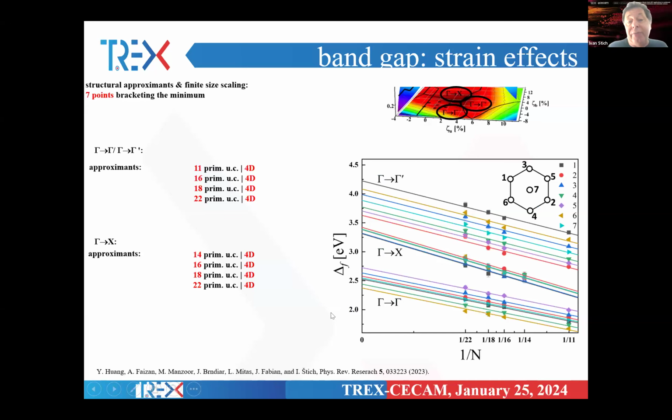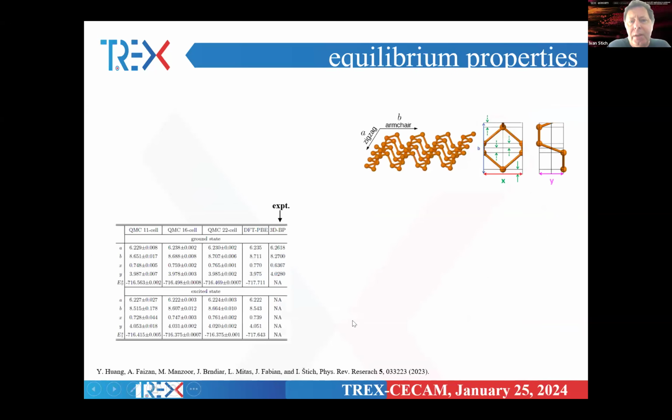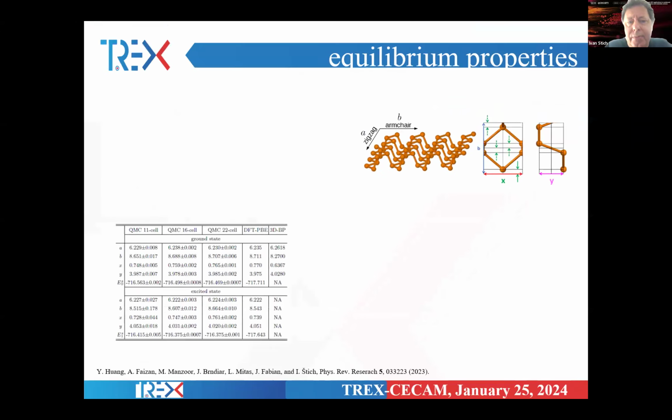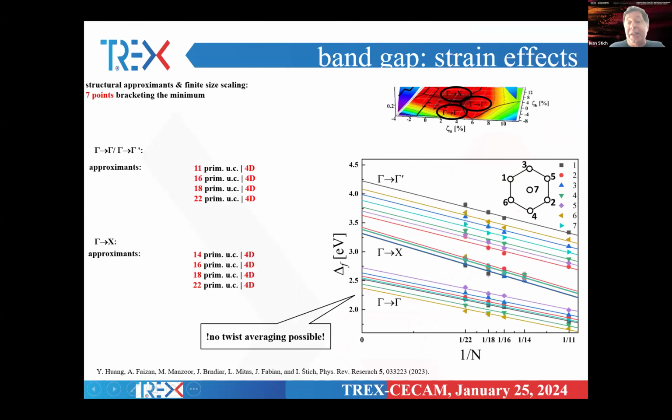You see the corrections are very sizable here. And so what I have here are these 7 points as shown here. This corresponds to the minimum. And so I have these 7 curves here for 3 different excitations.